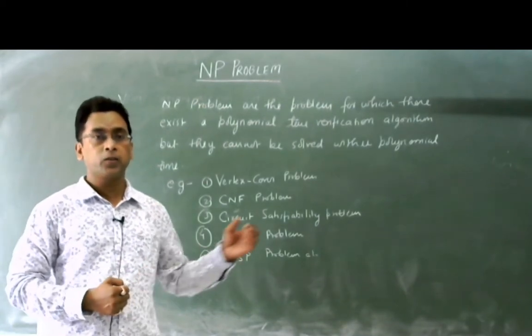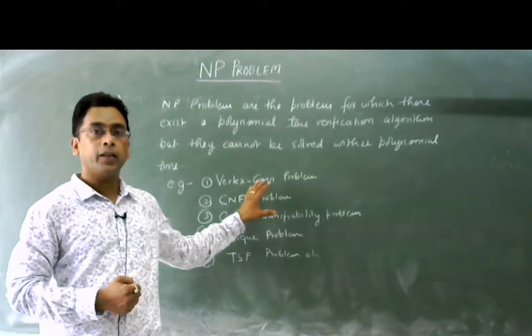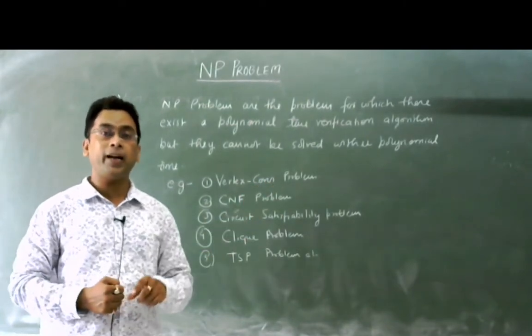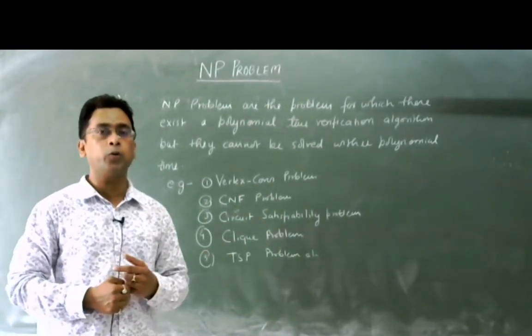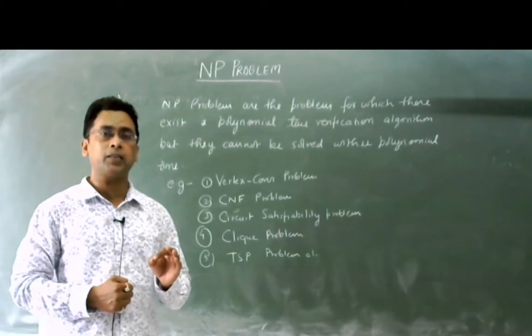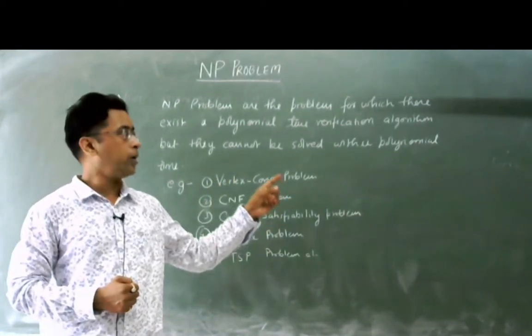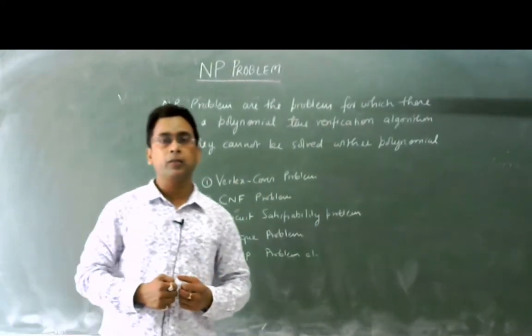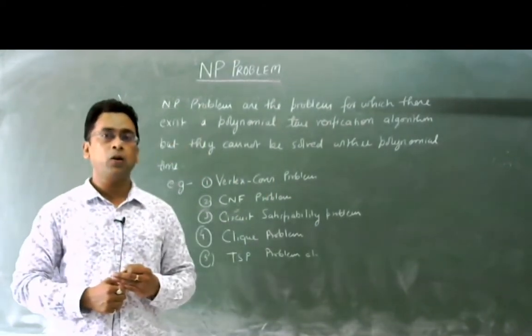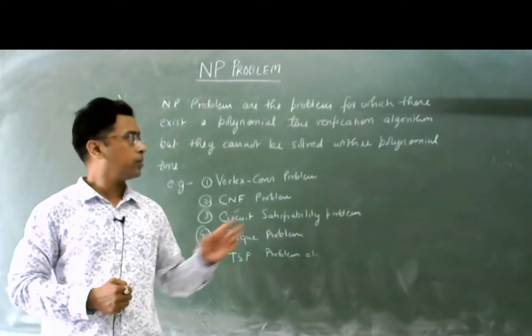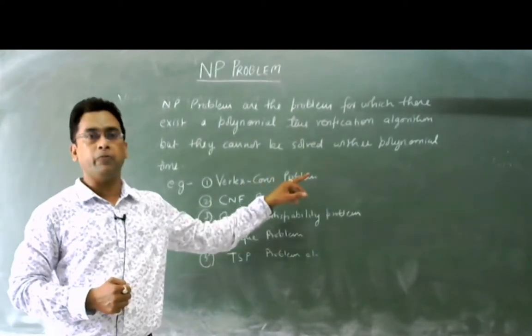So the class of problems that can be verified, that if you know the output you can verify whether it is correct or not, within polynomial time, but you cannot derive the solution or solve the problem within polynomial time.